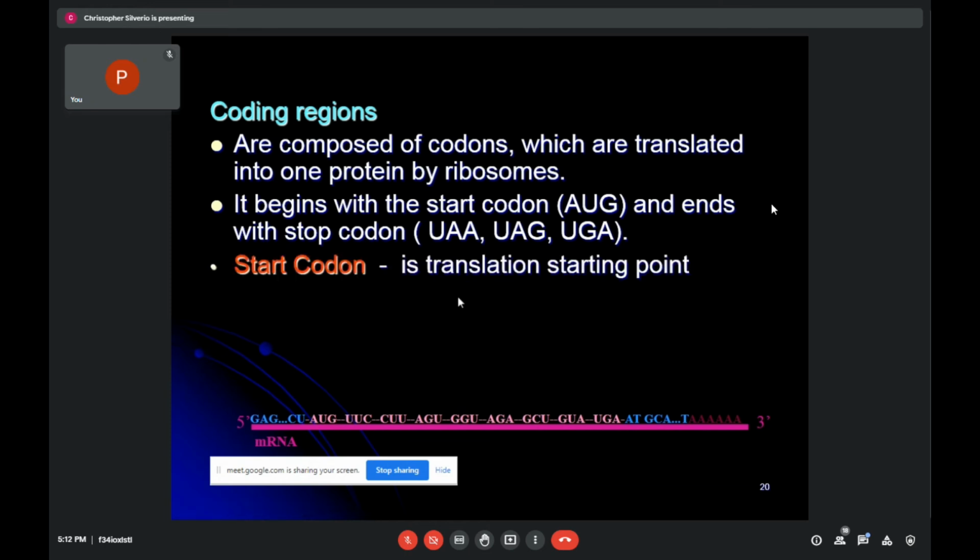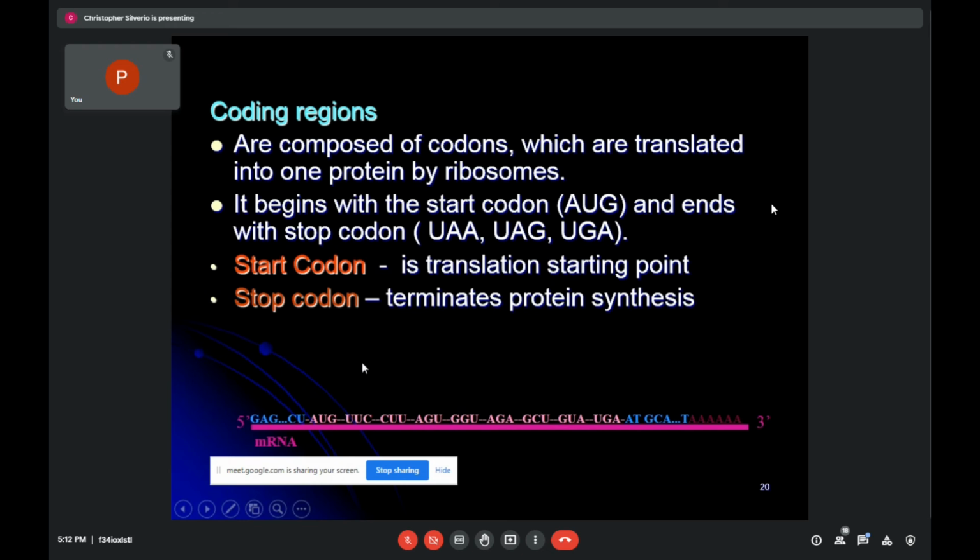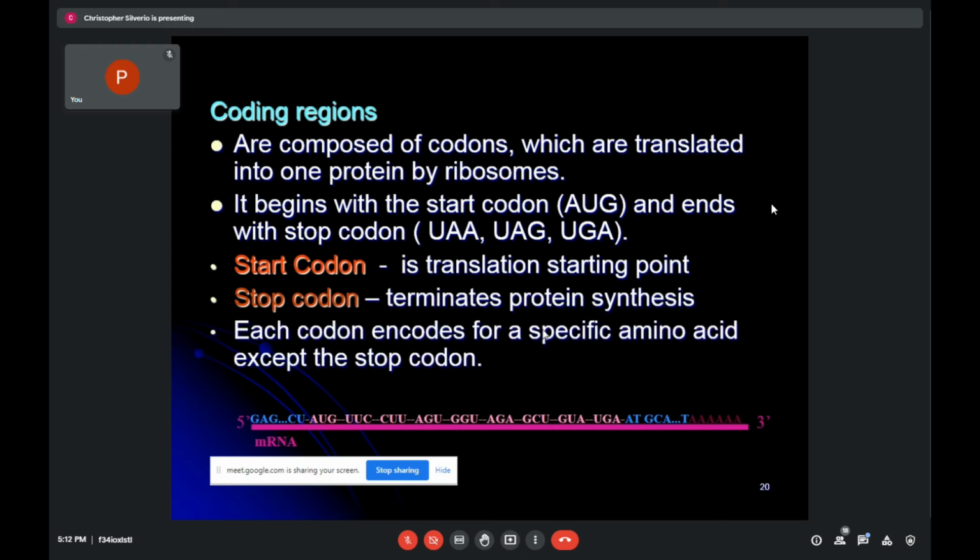The start codon, AUG, is the starting point for translation. A stop codon is the codon responsible for the termination of protein synthesis. Each codon encodes a specific amino acid, except the stop codon.